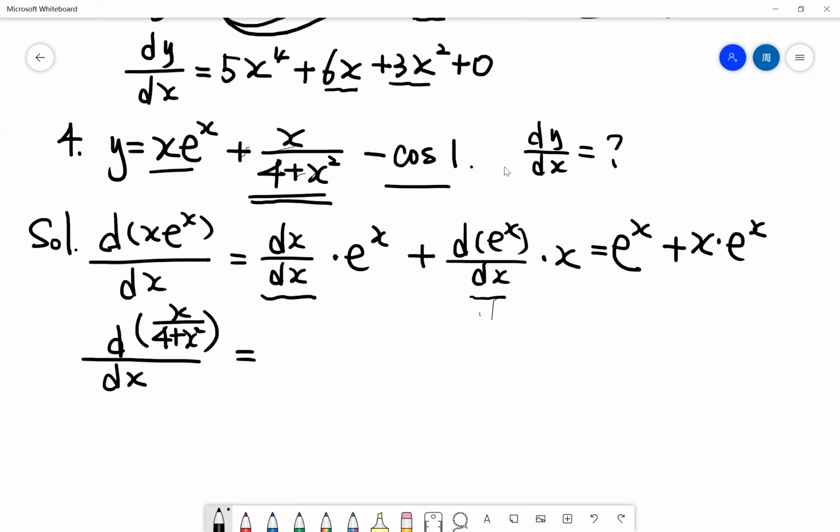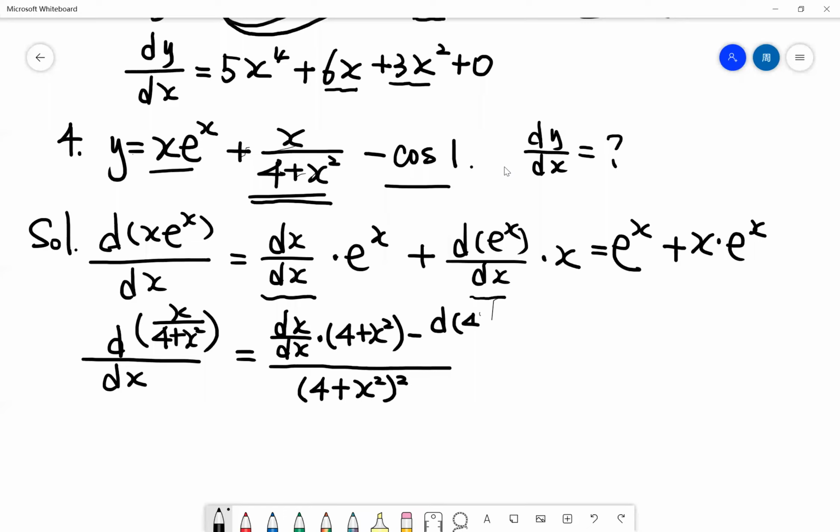So from the quotient rule, that equals dx by dx times 4 plus x squared, and minus d(4 plus x squared) by dx times x.